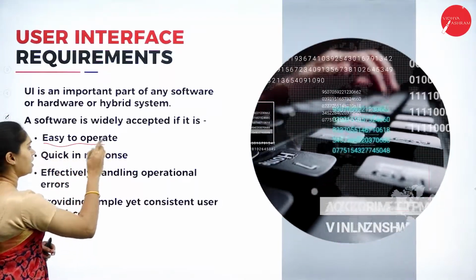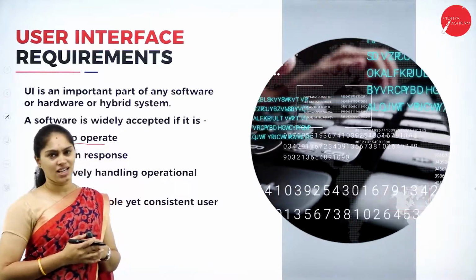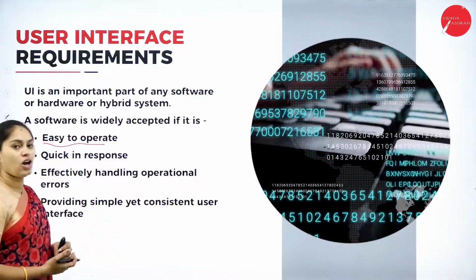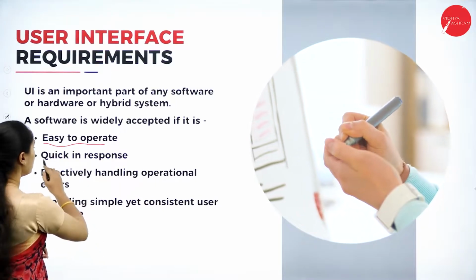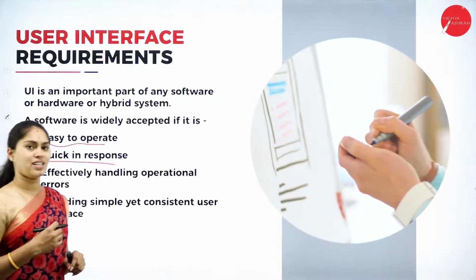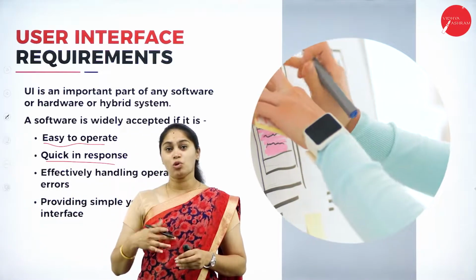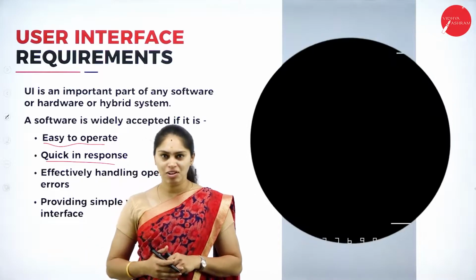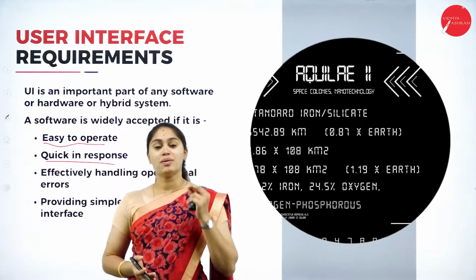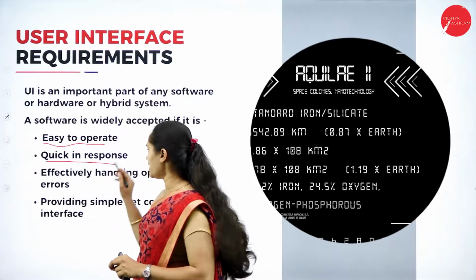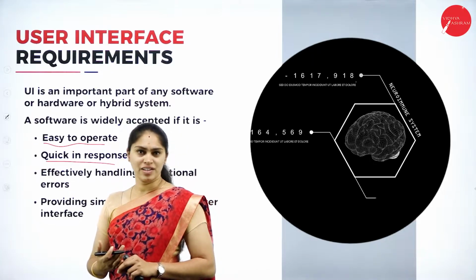So what must it be? It needs to be easy to operate. If you are selecting any software, it must be easy to operate that particular software or product. And also quick in response. For example, if I'm sending a message through WhatsApp and it takes 1 day to reach the recipient, are we going to use that application? No, right? It must be quick in response, so that when the response time is very less, you can say that kind of system or software is more efficient.